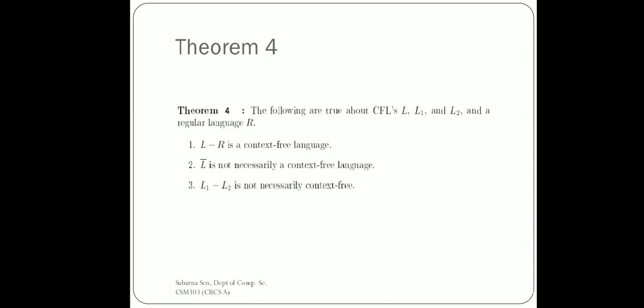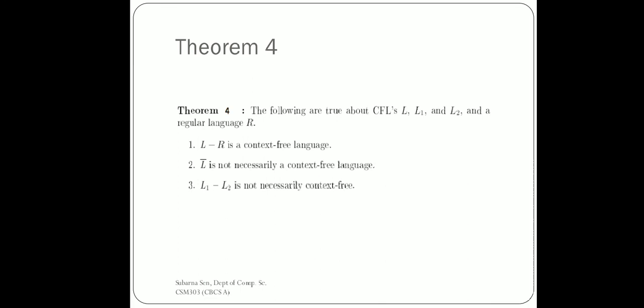Okay, we have to see more properties. There are languages L1 and L2, and a regular language R. What are the outcomes if we subtract this regular language from a CFL L? Then it is a context free language. And if we have one language L and we find the complement of it, it is not necessarily a context free language.